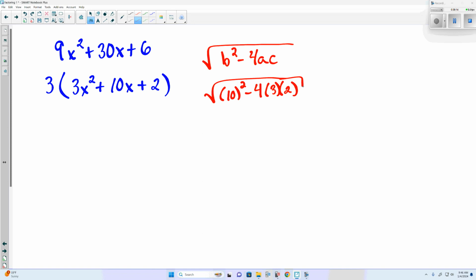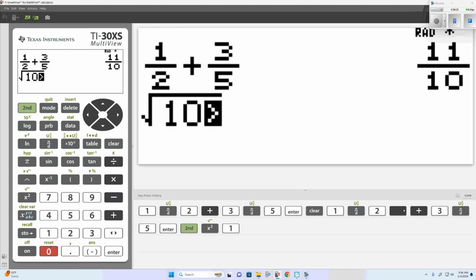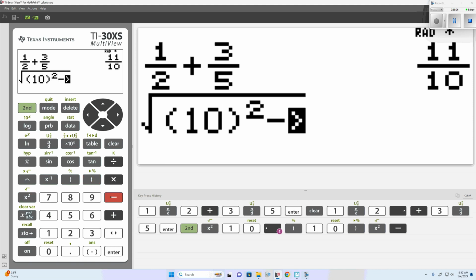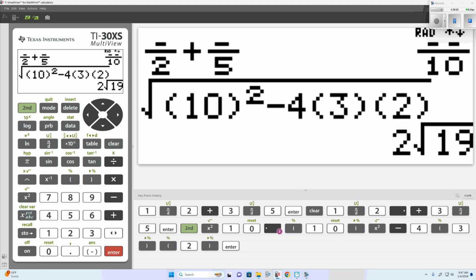For a, b, and c, we do take the signs with it. So we're looking at the square root of 10 squared minus 4 times 3 times 2, which gives us 2 square root of 19.